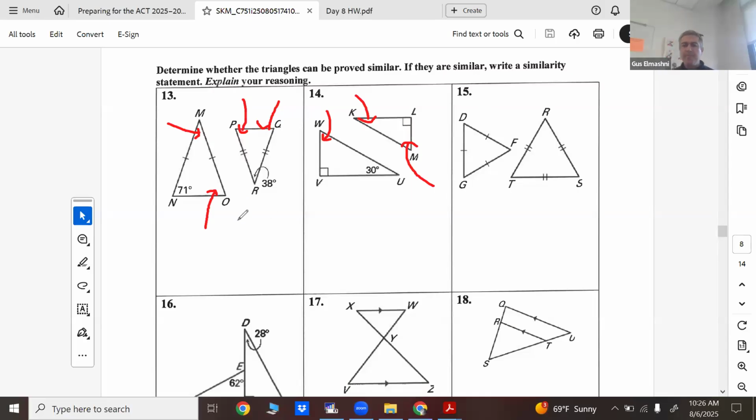Let's start with the top three. So try to find missing angles if you can. And once we do, we'll write a similarity statement.